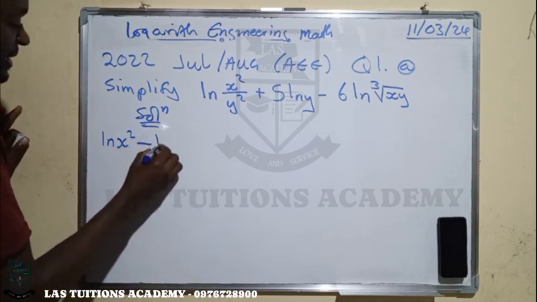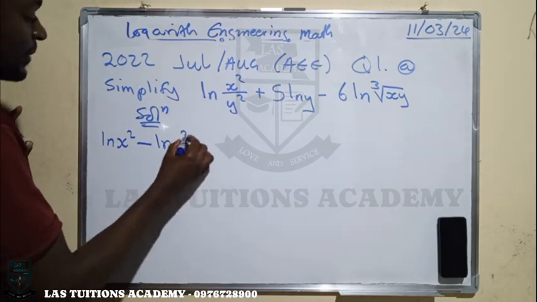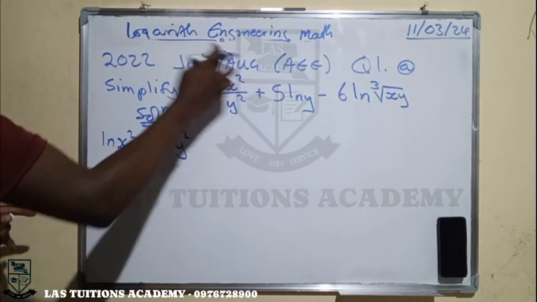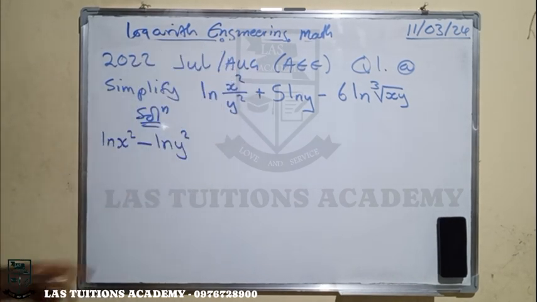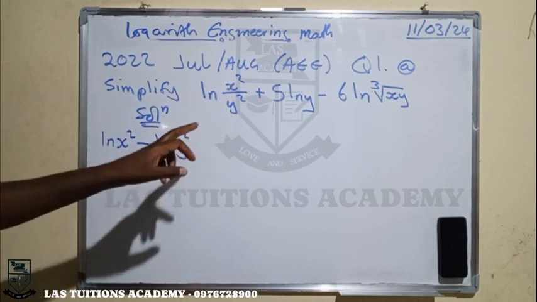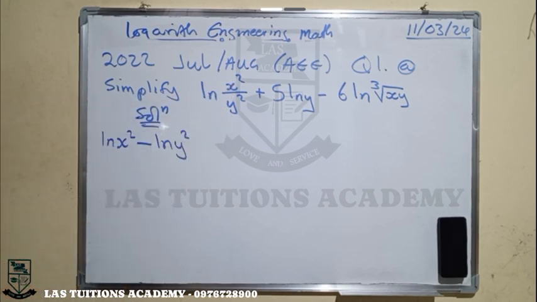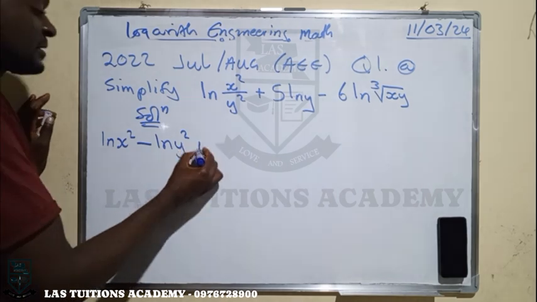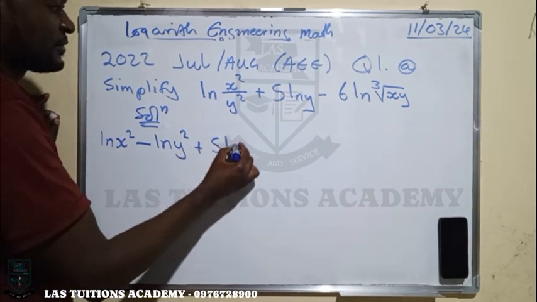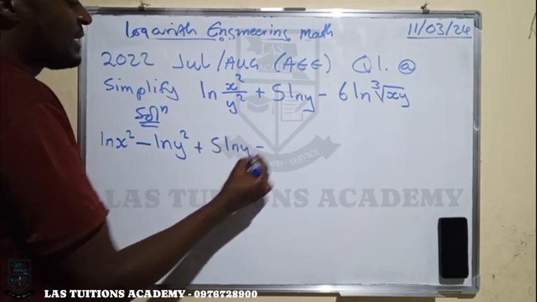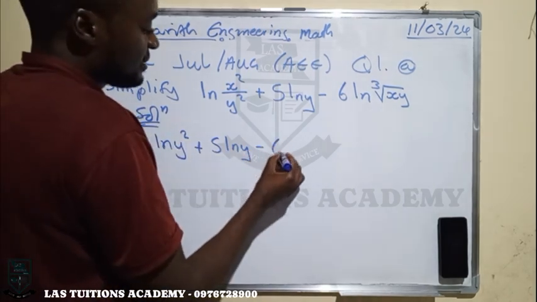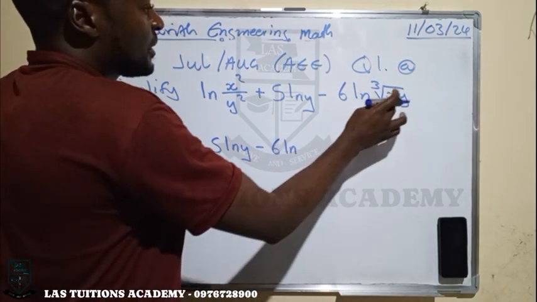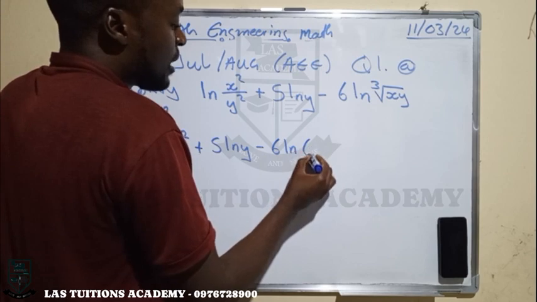Correct. Minus natural log of y squared, because these two are dividing. Remember where we are coming from. When they are dividing, you subtract. Then plus 5 natural log of y minus 6 natural log. Now we can rewrite this in terms of a power of xy.